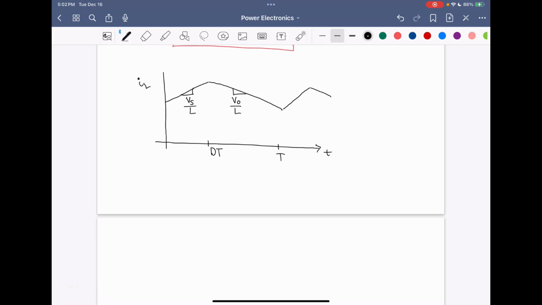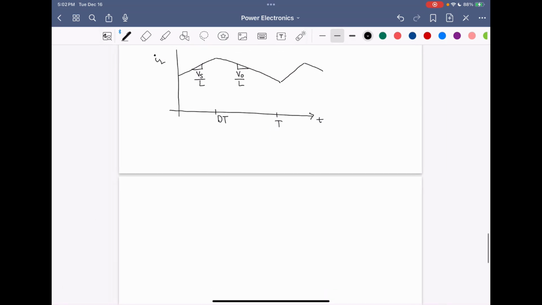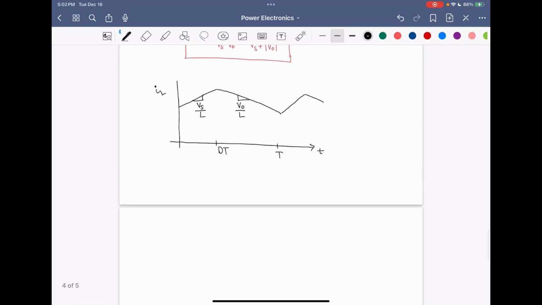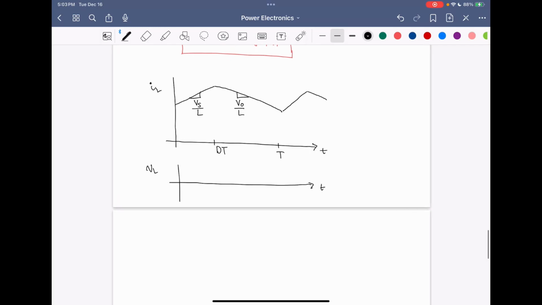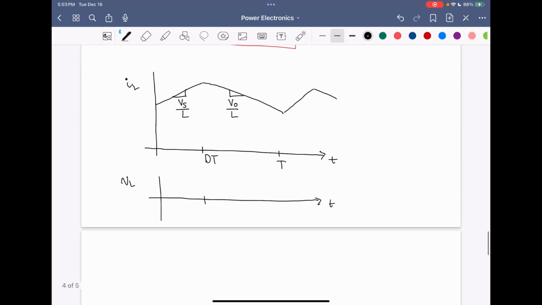So this matches up with the inductor voltage waveform. If we were to draw that out, during the dT interval, we have the positive voltage Vs. And then in the d prime T interval, the inductor voltage is the negative value Vo.